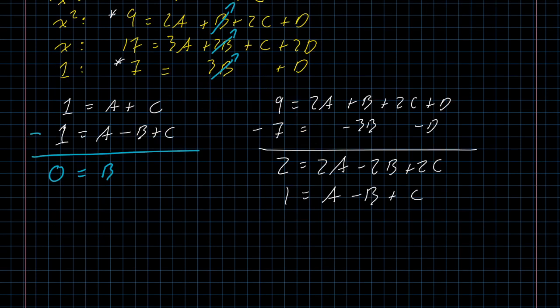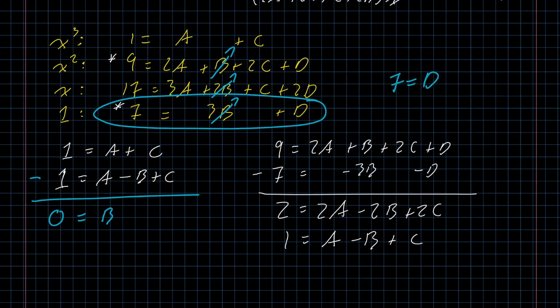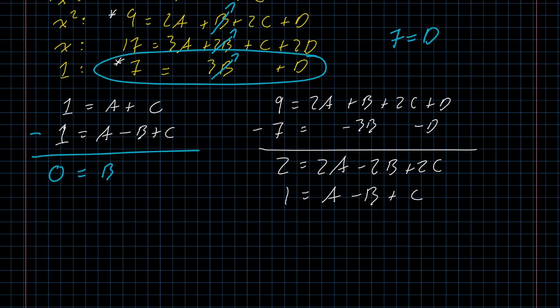To make things particularly convenient, look at what that did to this last equation. 7 equals d. All right. So let's rewrite our equations with that information. I've still got the equation 1 equals a plus c.